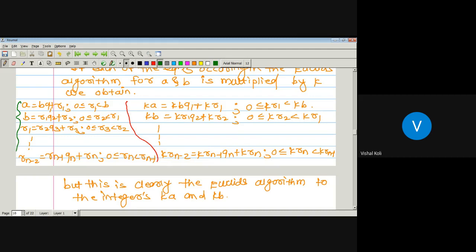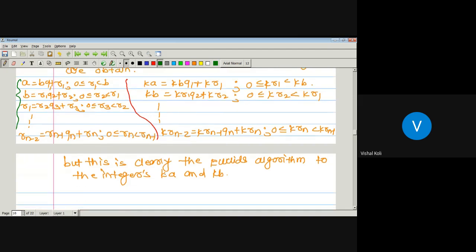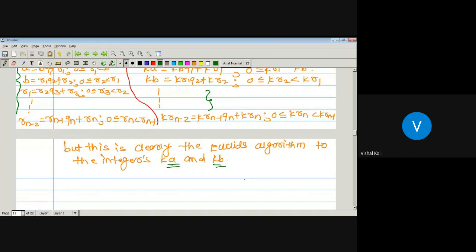And whenever there are two integers ka and kb, its Euclid's algorithm is this right hand side. So by comparing this with Euclid's algorithm, this is nothing but the Euclid's algorithm of the two integers ka and kb. Now we know that in Euclid's algorithm we continue this step until rn will be equal to 0. At that step we have to stop.